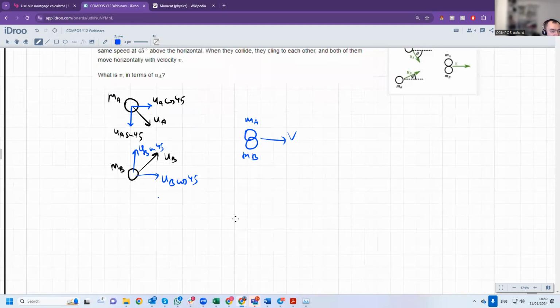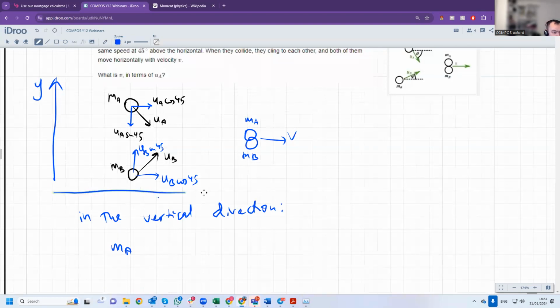Okay, that's fine. We have conservation of momentum in the vertical direction. We can say this is the positive direction.